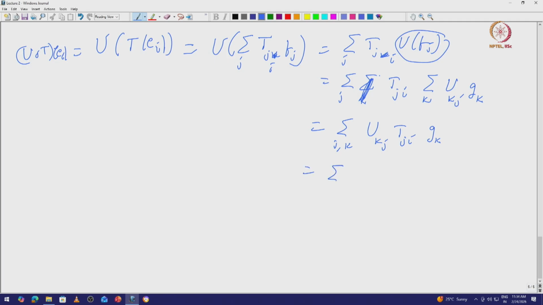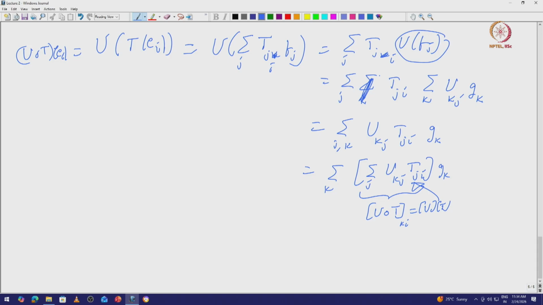In other words, it's the sum over k, sum over j, U_kj T_ji G_k. This is the matrix corresponding to U composed with T, and indeed it is the matrix multiplication of U and T the way we define it normally. Okay, that's the point of defining matrix multiplication the way it is usually defined.